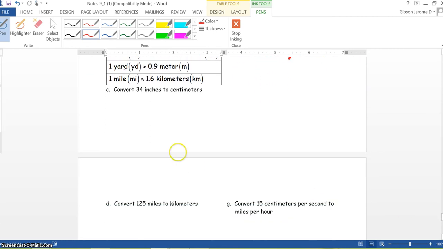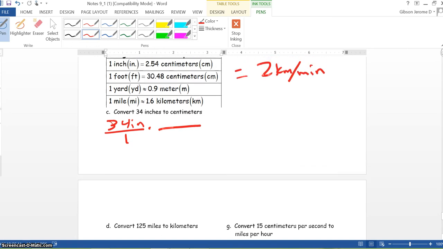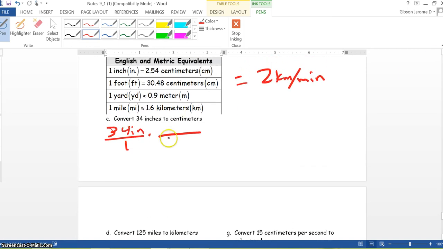Now we scroll down here to C. Now with C it says convert 34 inches to centimeters. Now we will take 34 inches over 1 multiplied. Now we know it takes, let me scroll back up here and show the chart, for 1 inch, it takes 2.54 centimeters.